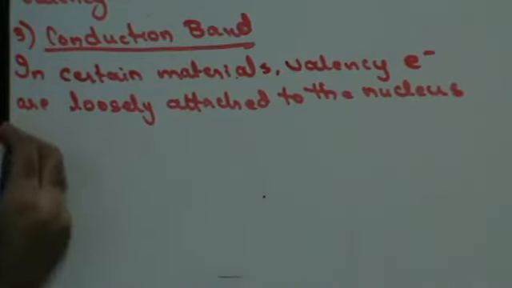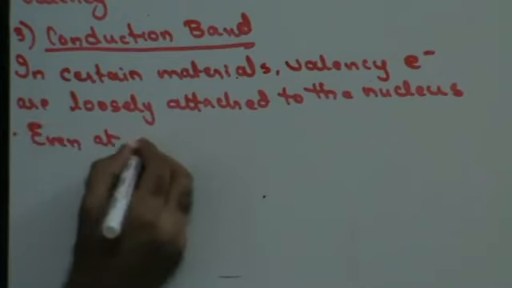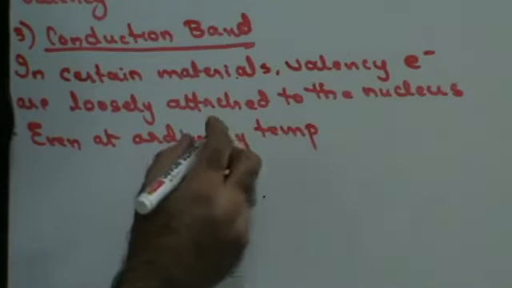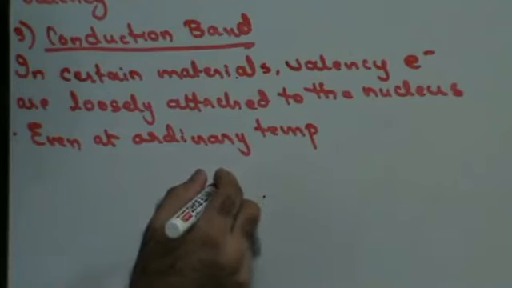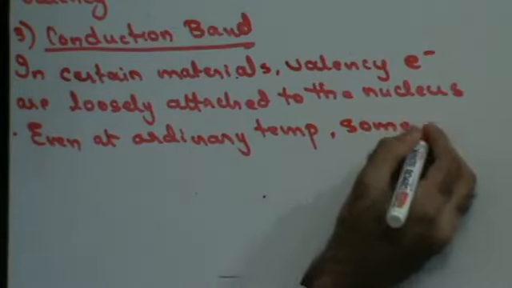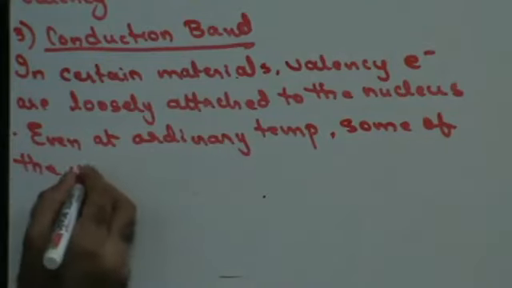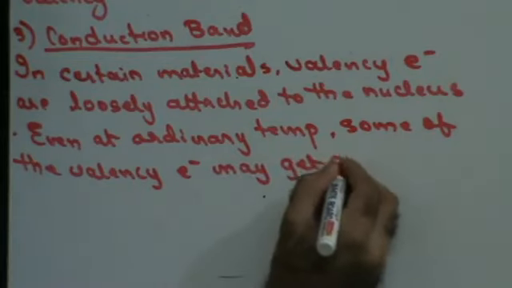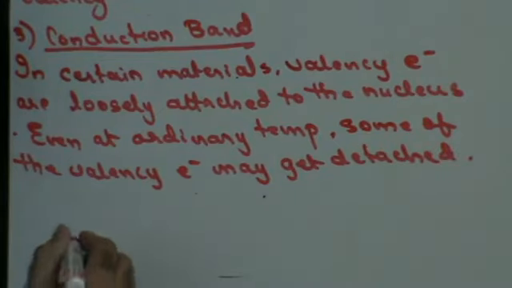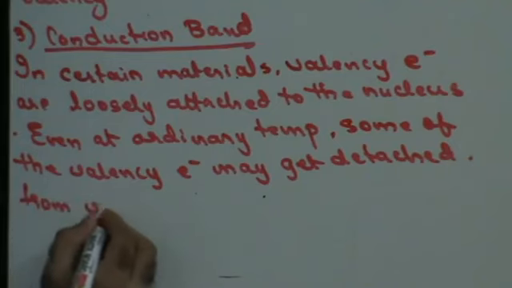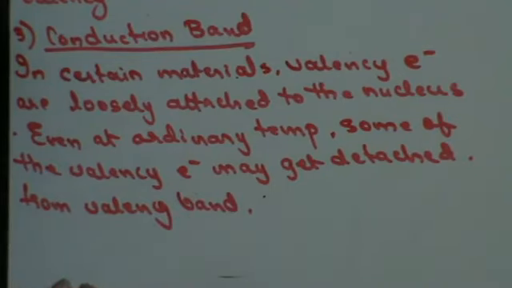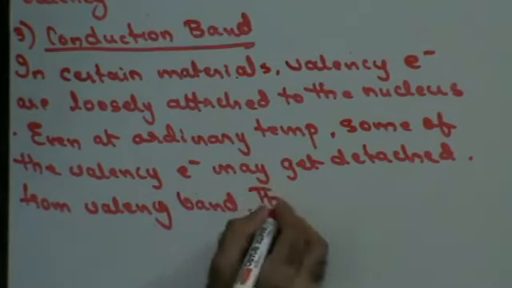Even at ordinary room temperature, some of the valency electrons may get detached from the valency band. Right? These electrons are called free electrons.